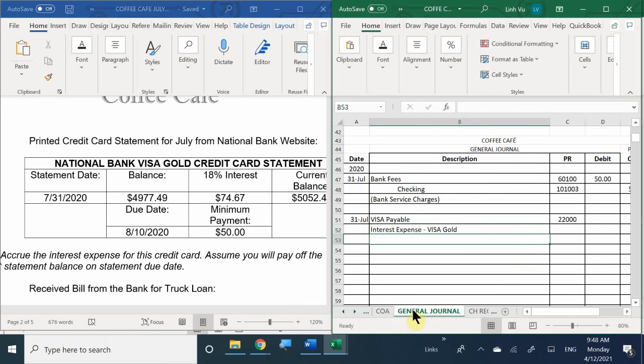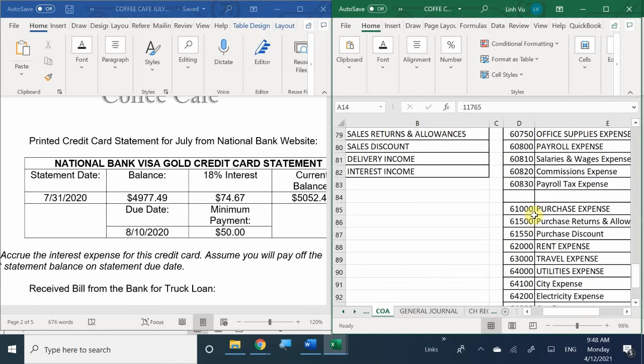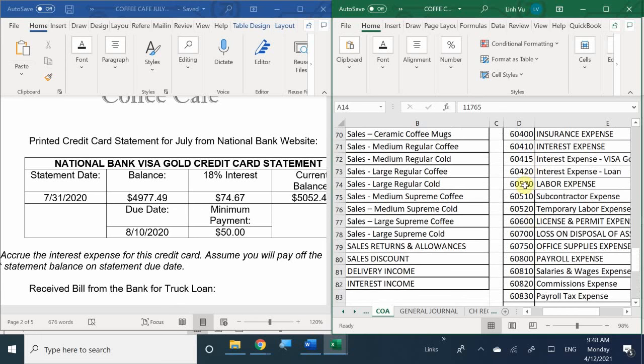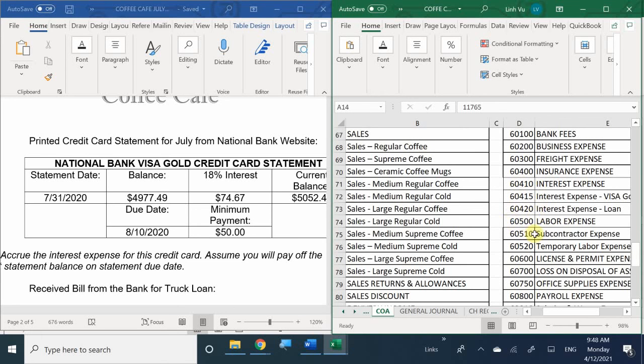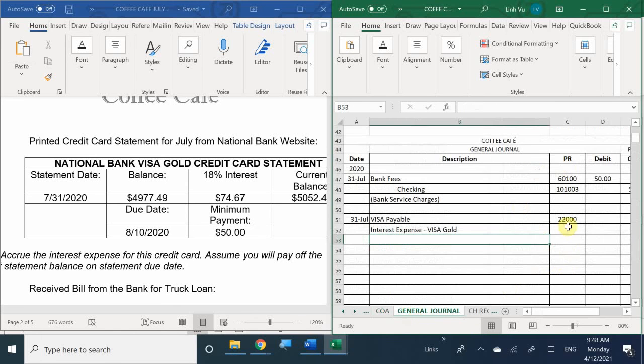Let's take a look at our chart of accounts. We have interest expense, right? Interest expense right here. Okay, interest expense, Visa Gold. And what account number is that? 60415, right?